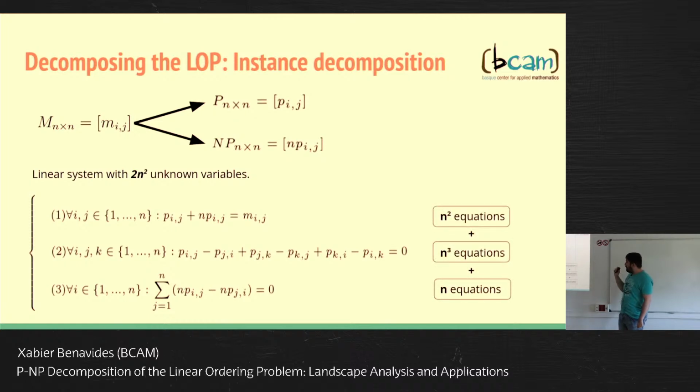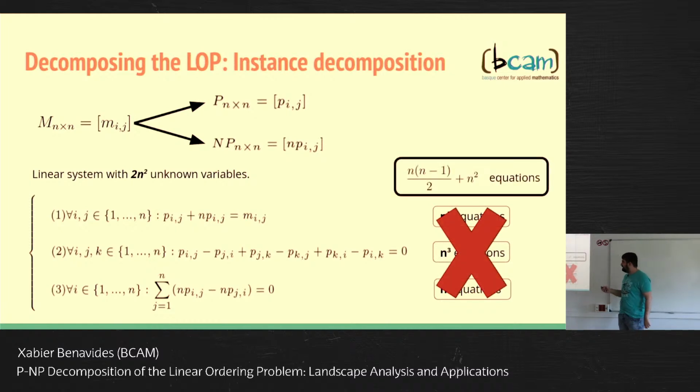If we look at the amount of equations that we have here, we will notice that we have more equations than unknown variables. So, obviously, if all these equations were linearly independent, then the system would be overdetermined and unsolvable, okay? Fortunately, however, we have been able to prove that this linear system of equations has only this amount of linearly independent equations, which is less than 2n², and the system therefore is underdetermined.